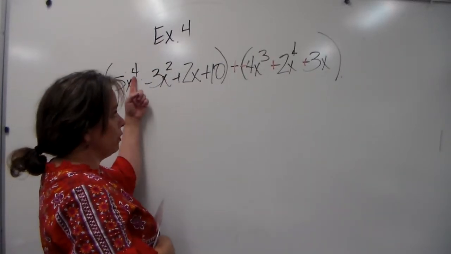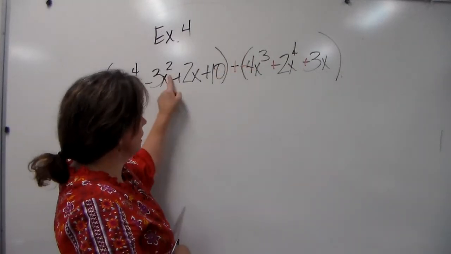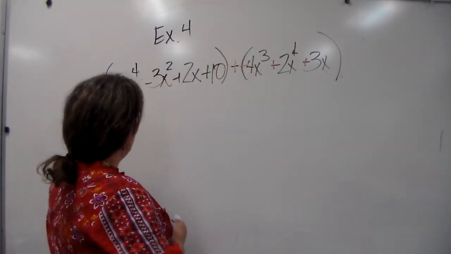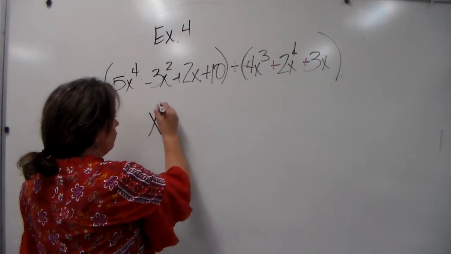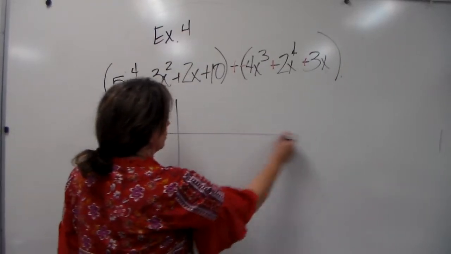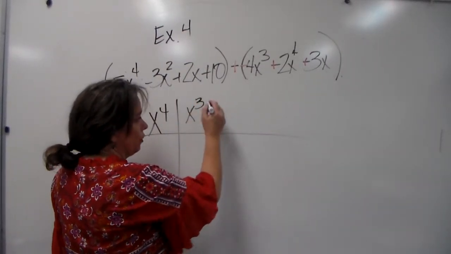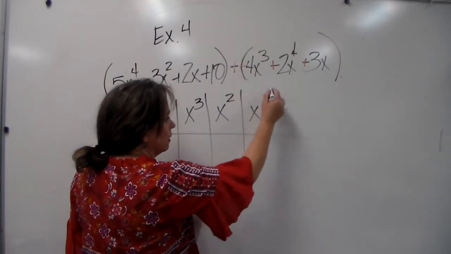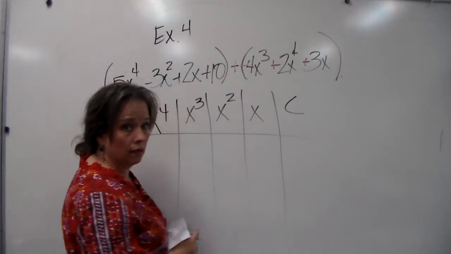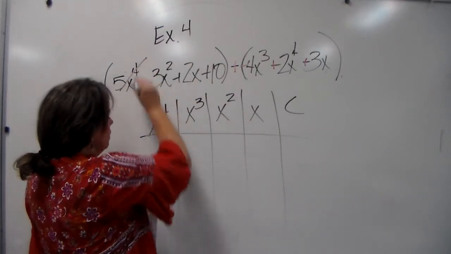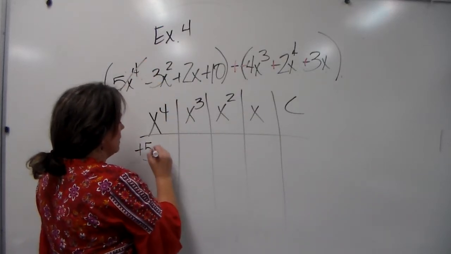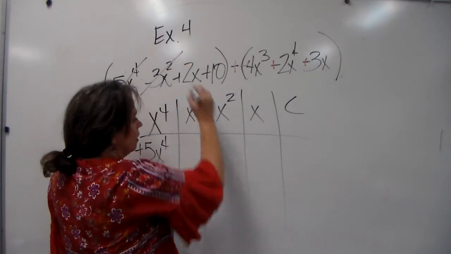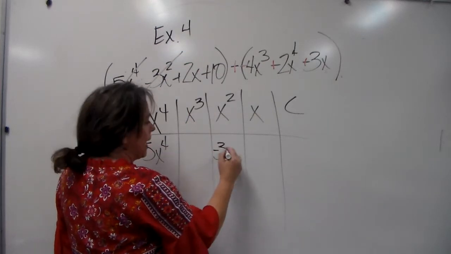We've got x to the 4th terms, to the 3rd, to the 2nd, so we need columns for x to the 4th, x to the 3rd, or x cubed, x squared, x, and then our constant, okay? And now we'll sort. Positive 5x to the fourth, minus 3x squared.